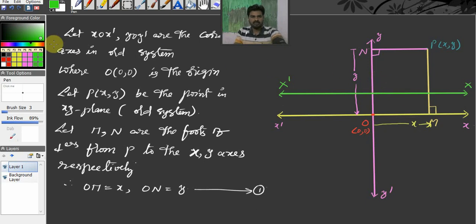In the same way, this is the new y-axis I have taken, capital Y, Y dash.